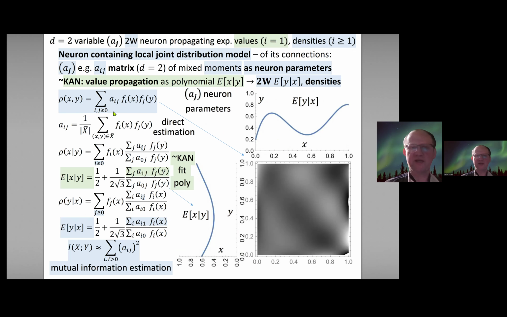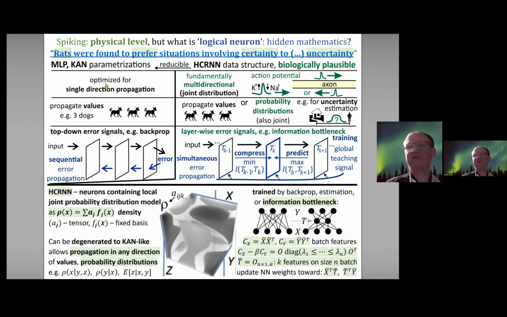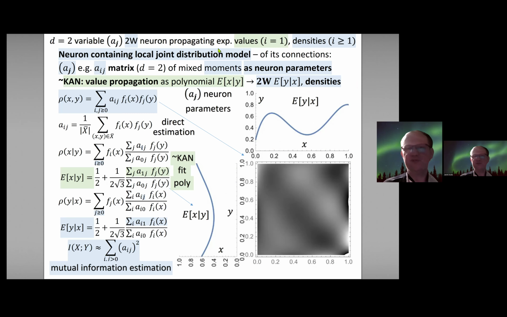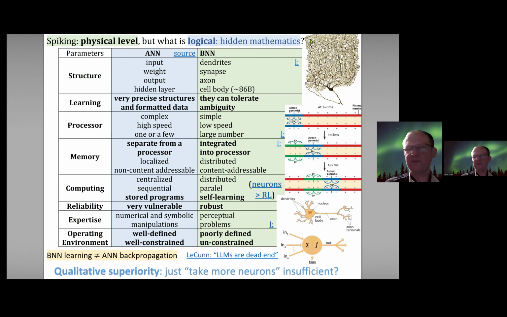We can estimate that directly, or substitute one variable and normalize to get the conditional density in one direction, or take the expected value to get value propagation, or we can change the direction of propagation. So we get the missing properties of biological neurons. And this is very cheap numerically, just matrix multiplication. So maybe the question is what mathematics is hidden here. Maybe some matrix multiplication, a very simple one, obviously.